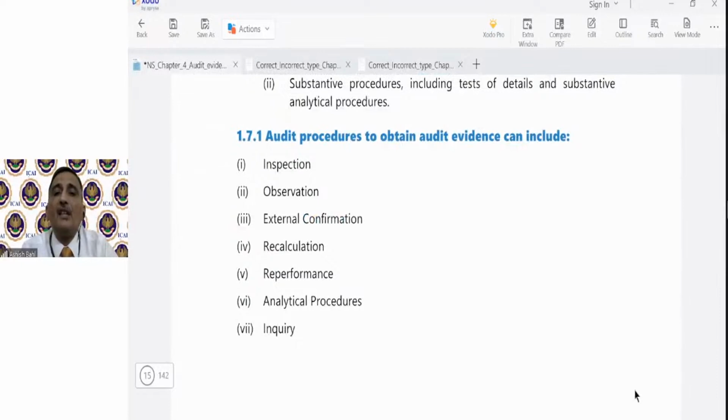Now, audit procedures for obtaining audit evidence. Now, this topic, students, is also very important from your examination point of view.